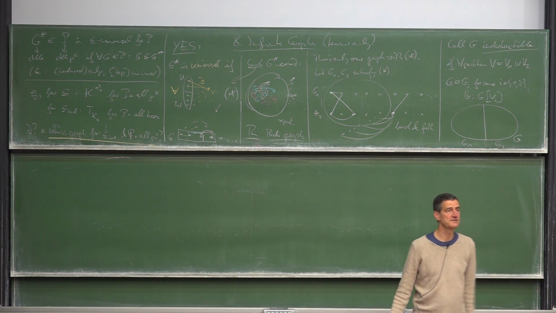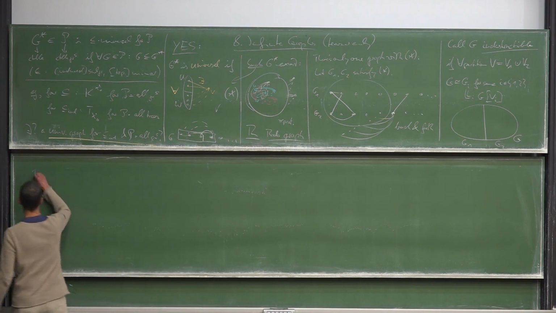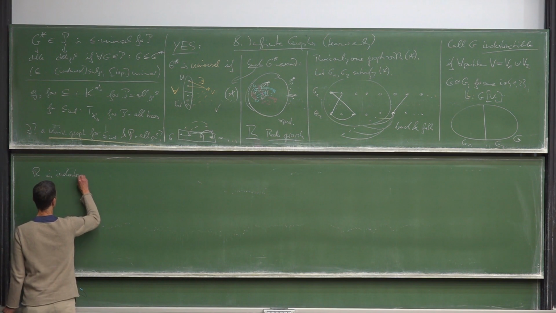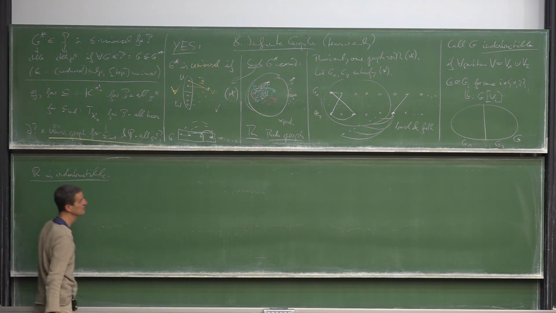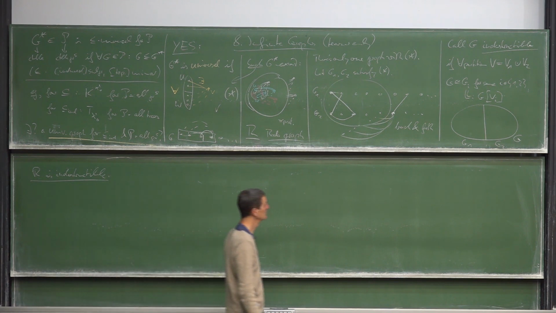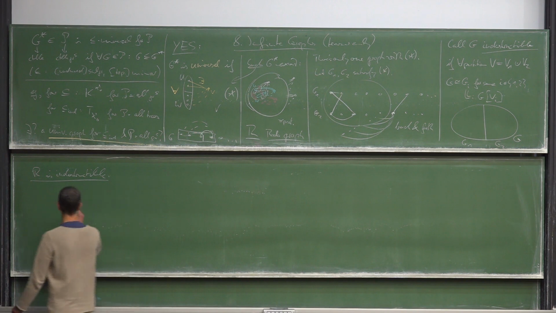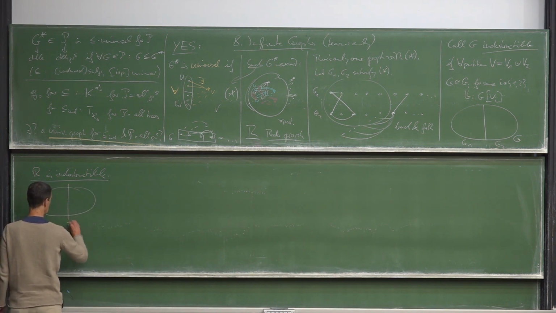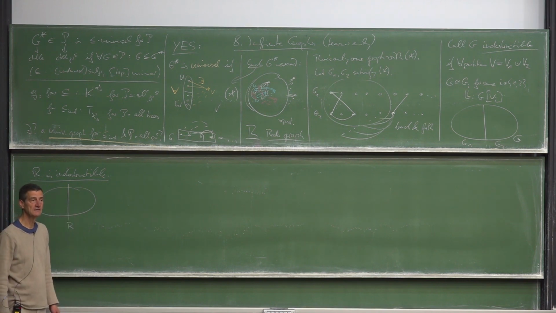Why is the Rado graph indestructible? Yeah, so if this is R, could it be that neither half is isomorphic to R?